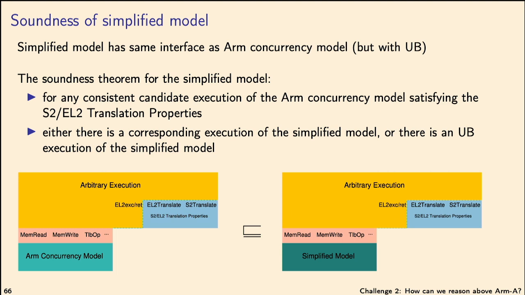It has the same concurrency interface, and under the assumption that the ISA satisfies the whole ISA properties proved in Isabelle by Thomas about translation, then any execution about this should be an execution about that. And this is a very lovely picture in a way that may not be totally obvious, because all of this yellow stuff doesn't involve anything about the instruction semantics, which is large and unwieldy, except those properties.